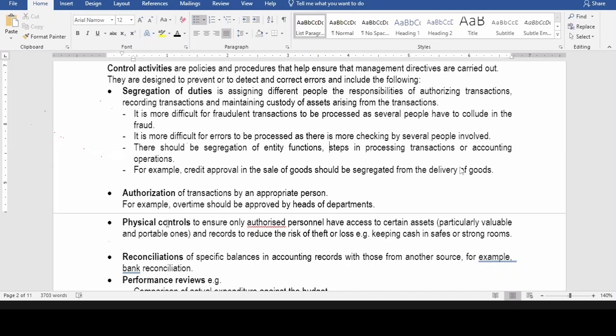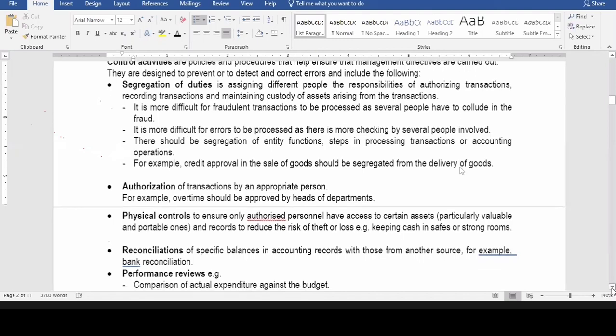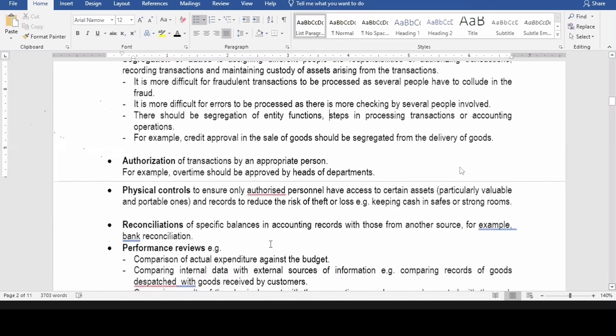So that's a physical control. This reduces the risk of losing records and assets. Keeping money in safes or strong rooms ensures that the money is not stolen. That's a physical control, in the stores regarding the cash, etc.